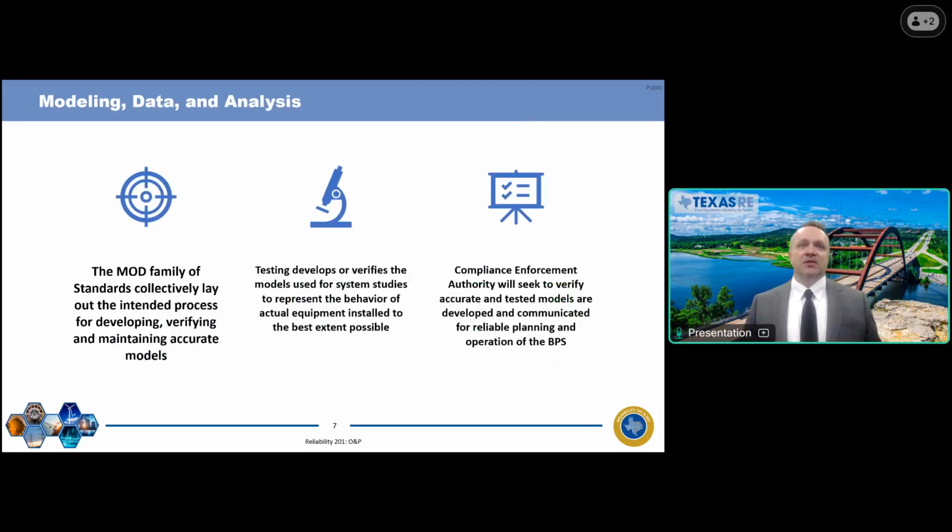And as these models are tested and system studies are developed and maintained, the intent is that they represent the behavior of the actual equipment installed to the best extent possible. And as the Compliance Enforcement Authority, we're seeking to ensure that these models are accurately developed, tested, and then communicated to those who are responsible for the planning and operation of the bulk power system.